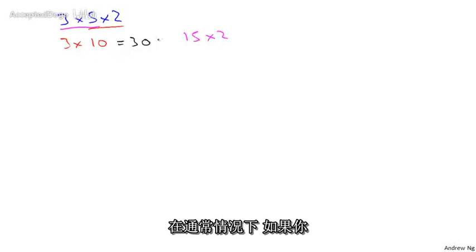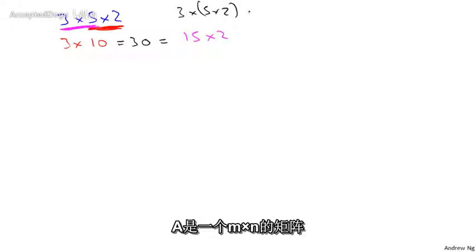Both of these are equal to 30. So it doesn't matter whether I multiply 5 times 2 first, or whether I multiply 3 times 5 first. And this is called the associative property of real number multiplication.